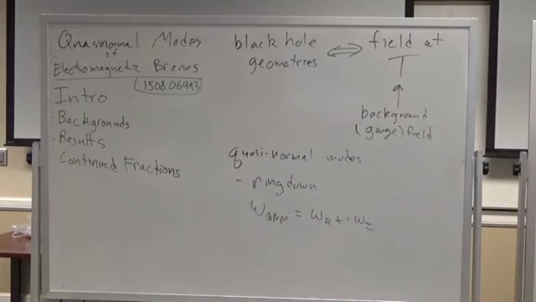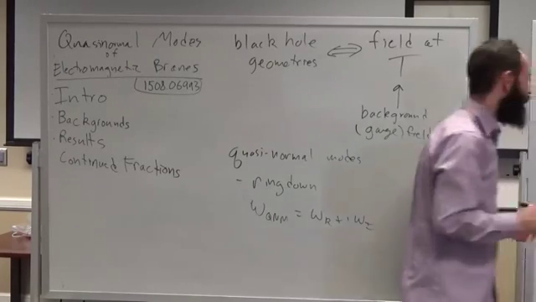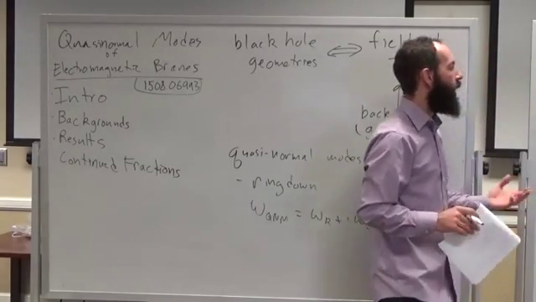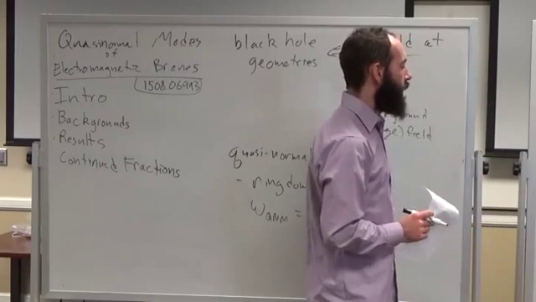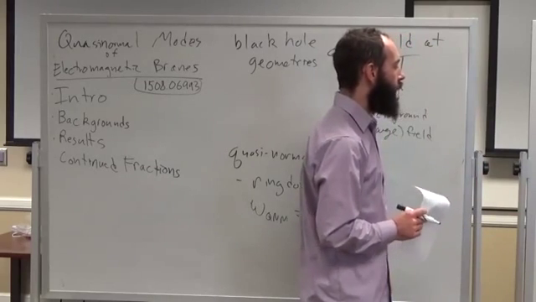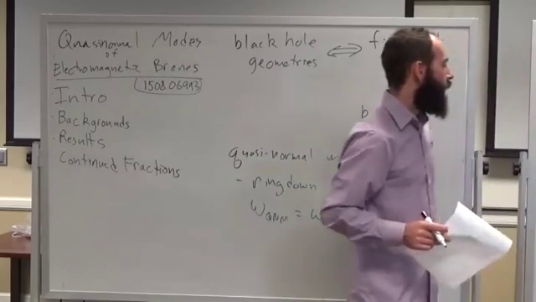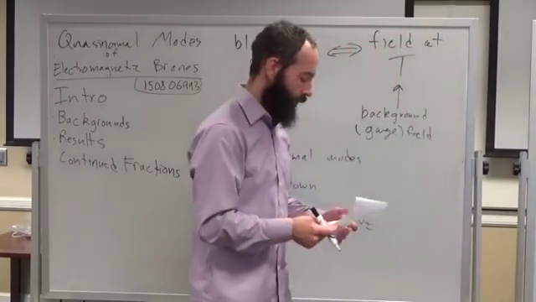For Reissner-Nordstrom, this blackening function is given by this. Here and also above, this L is just what your AdS space curvature is near the boundary, and you have the two parameters controlling this, the mass of the black hole and also its charge.